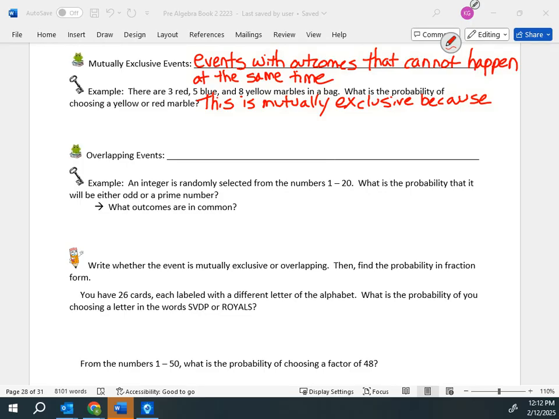You can't pick 2 different colors, because this is mutually exclusive because you can't pick 2 colors at the same time. You can only pick 1 color.